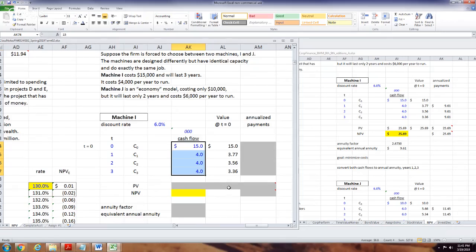So the whole cost to you now is this. I just sum them. It's $25,690, a little extra. Equal sum, AL74 colon AL77.